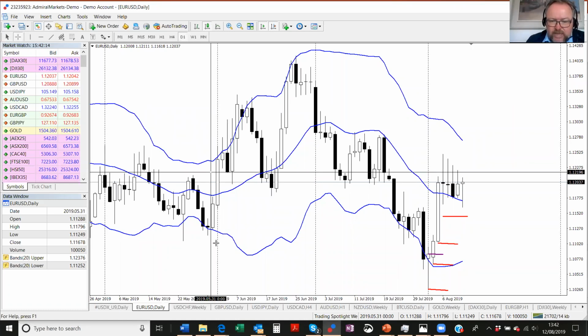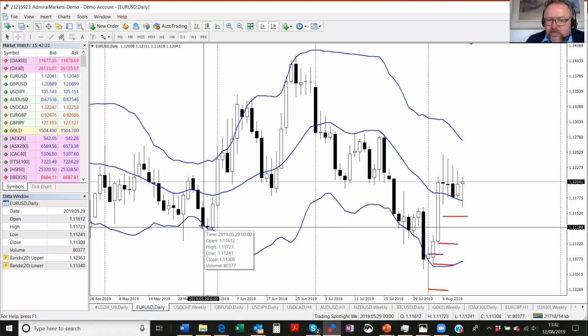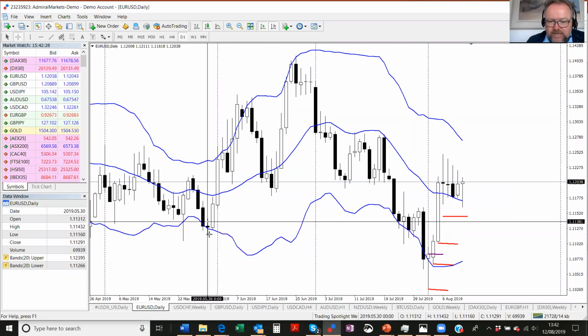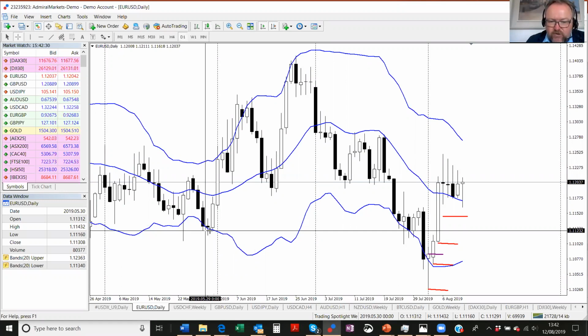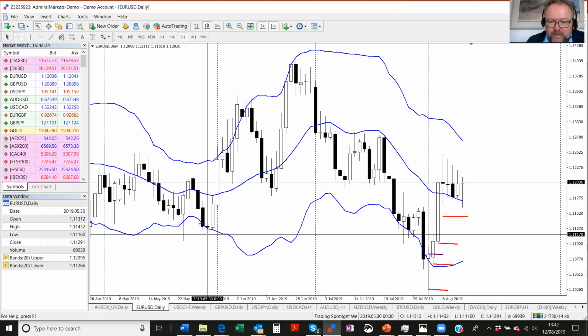Here we have the candle closing outside, okay? So you're waiting the next day to see if there is a reversal candle that closes inside. Well, it's not really a reversal candle. It's still a bearish close, still a bit of indecision.